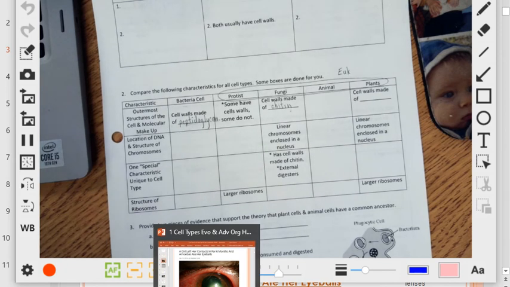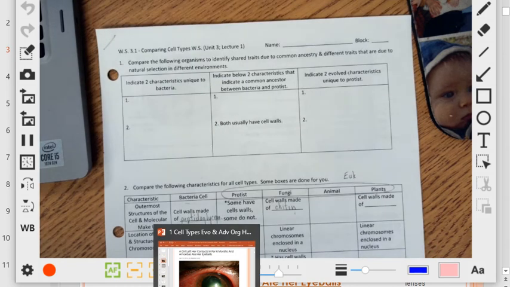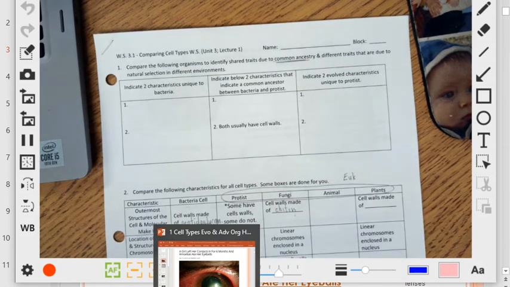Okay. All right. Now, one thing in addition in lecture 1 that you need to get out of lecture 1 is this idea of common ancestry. Now, we know that if you and someone else have a common ancestor, you guys are going to have traits in common because those traits are getting handed down by genetics through DNA, right?